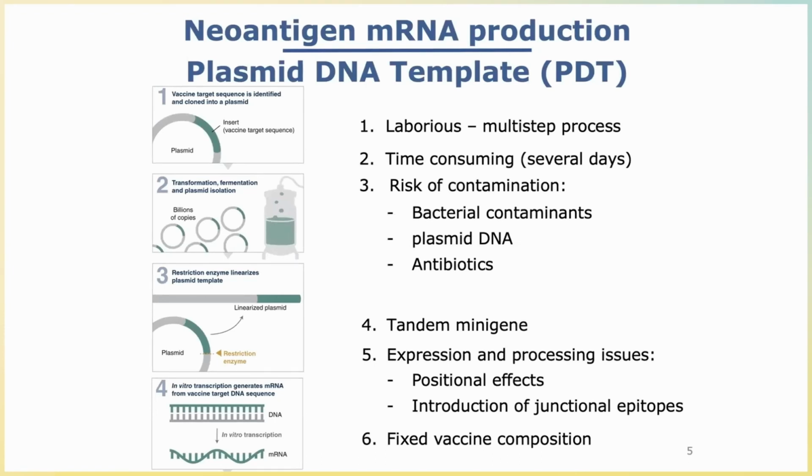These issues are that this plasmid DNA preparation followed by the mRNA production is quite laborious and a multi-step processing that takes time. As you can see here, there are at least 4 different steps, starting with the production of your plasmid, in which you then insert your target sequence of interest, meaning one or multiple neoantigens.